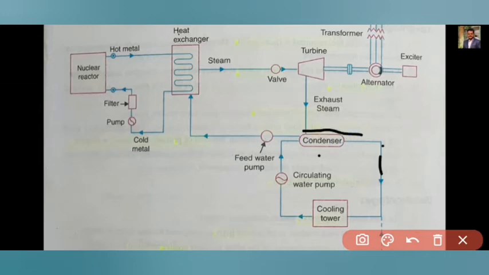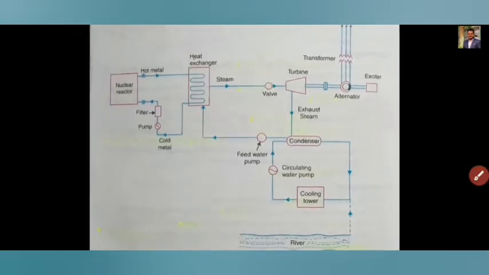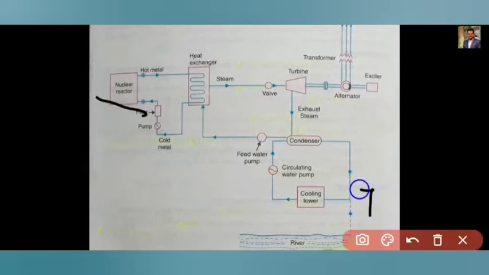And also the water is taken from the river. From the river we inlet the water, and it goes through the circulating water pump and also the condenser. Then this water again goes to the heat exchanger.